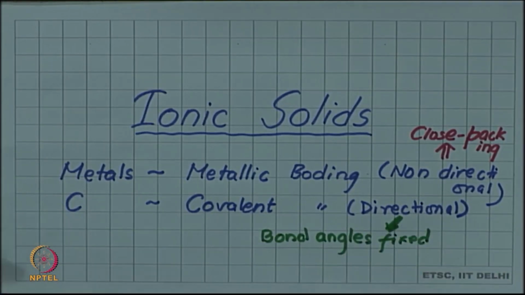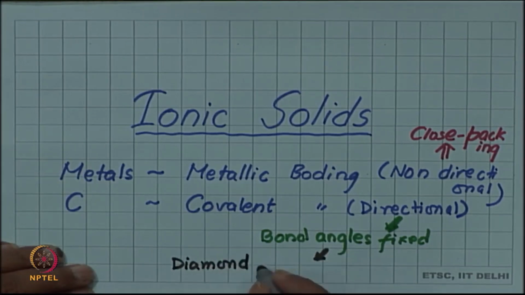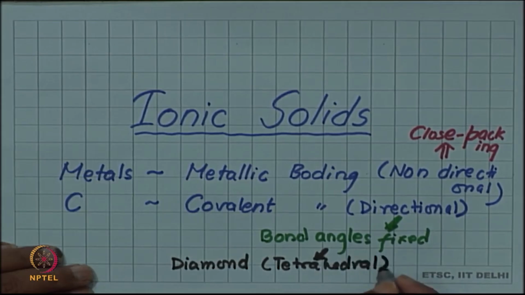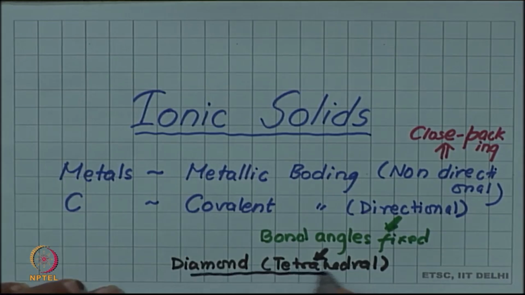For example, in diamond it was tetrahedral bonding, which means around one carbon you can place only 4 other carbons, whereas close packing would have allowed 12 atoms around a given atom, but diamond demands only 4 around itself because it will not accept anything other than tetrahedral bonding.